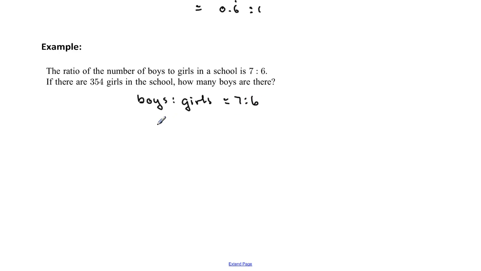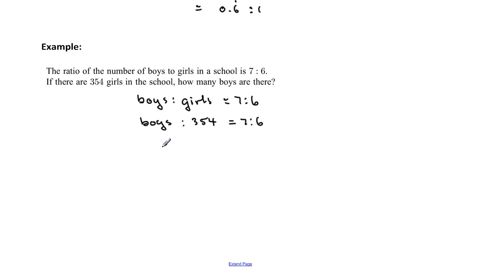We also know that for boys to girls, we would have boys not knowing what they are to 354. That actually has to simplify down to that ratio. So we know that 354 must match up with 6, so boys have got to match up with 7.